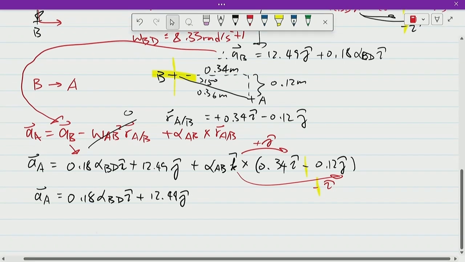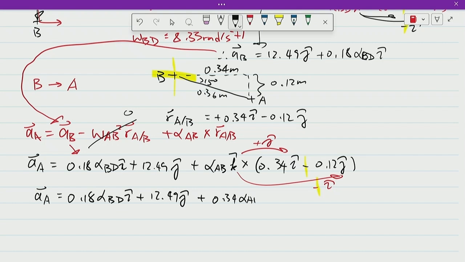This is just basically the same step, but with the actual cross product performed. Questions so far?